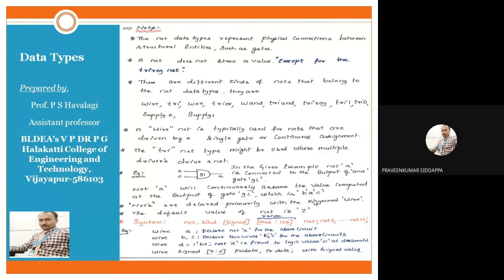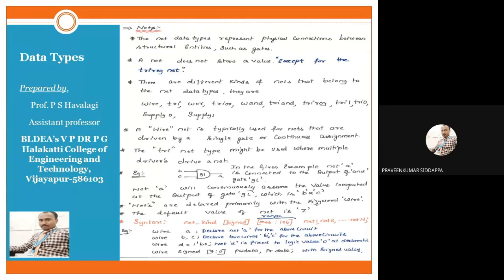Whatever data is at the first AND gate should be transferred to the input of the second AND gate. At that time, we have to use wire as a keyword.